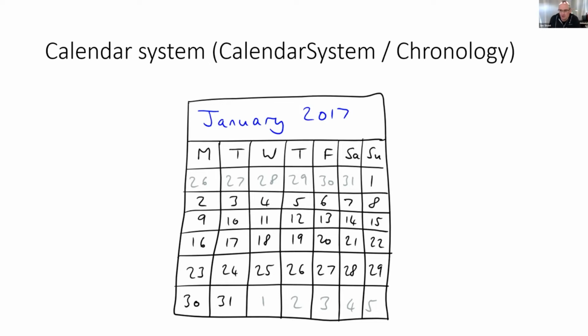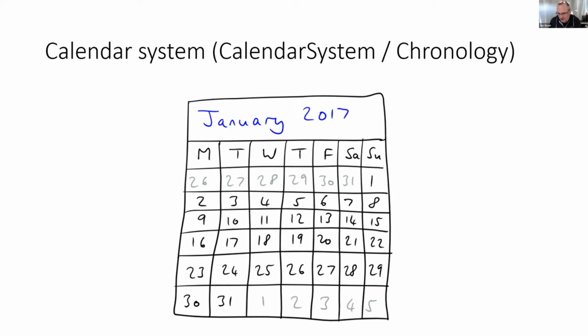How do you label those days as year, month, and day? That's all a calendar system does. So it takes a number of days since some epoch and says, oh, right, well, day 3655 is year 9, December the 3rd, or whatever it would be.